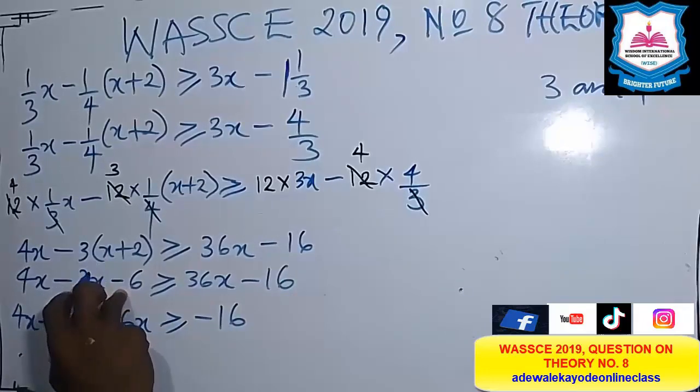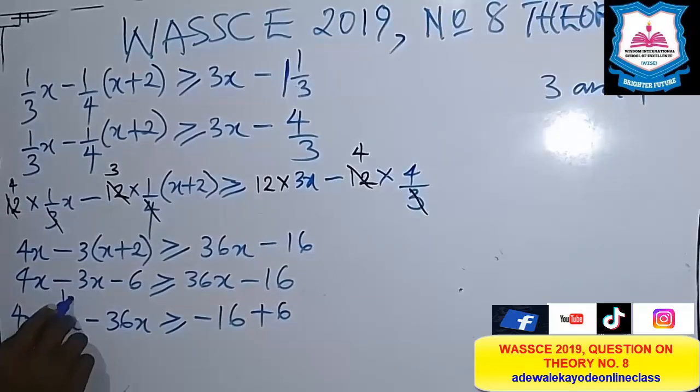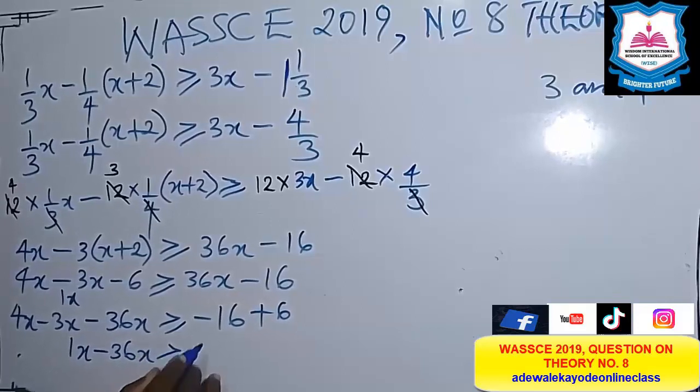Then when this minus 6 crosses the inequality sign, it becomes plus 6. So 4x minus 3x, you have 4 naira and you owe 3 naira, that means you still have 1x minus 36x, greater than or equal to minus 16 plus 6.